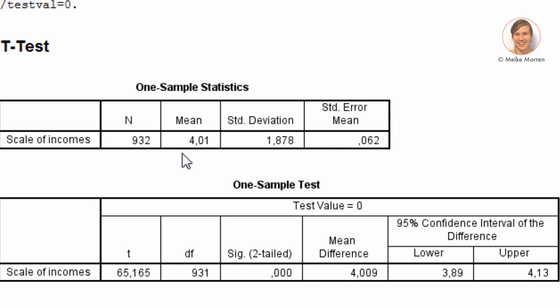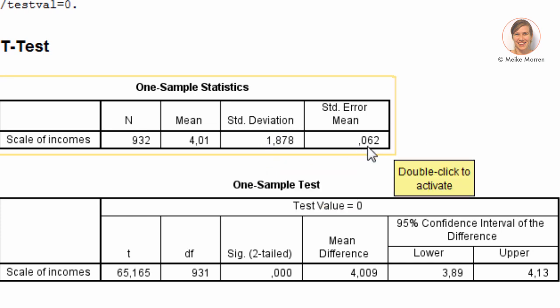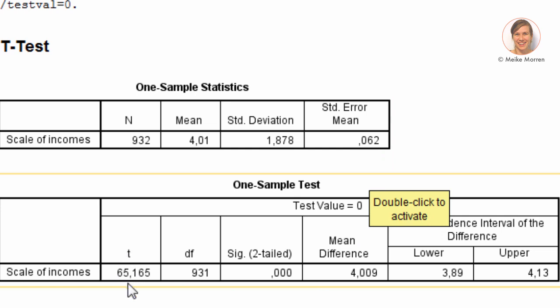As you can see here in this table, we test the mean is 4 with a standard deviation of 1.8, standard error of mean 0.06. The t-value is 65, which is really a large value, and therefore it's highly significant.